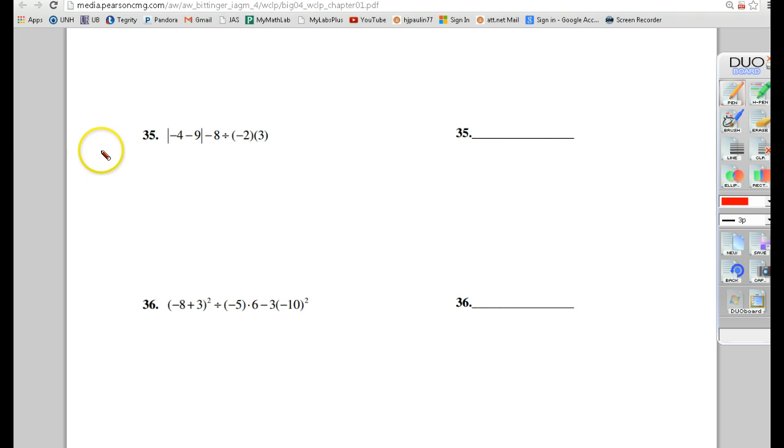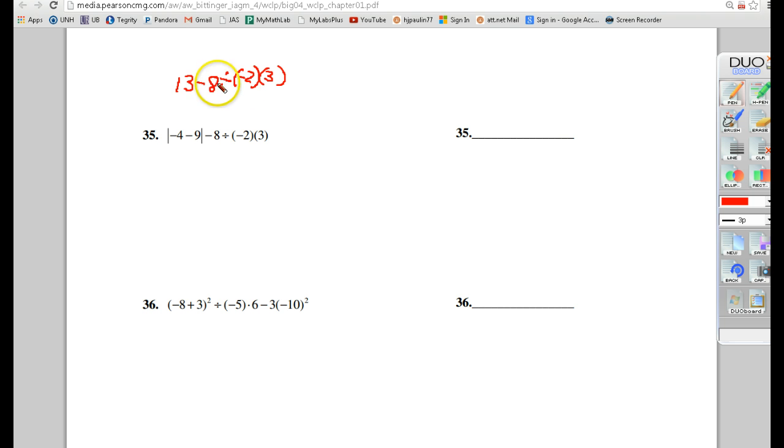All right, working these last two. So this is a negative 13 that comes out of the absolute value as a positive 13. Minus 8 divided by a negative 2 times 3. Now, as you do this, you might say, well, what do I do? I did the absolute value sign. That's okay.